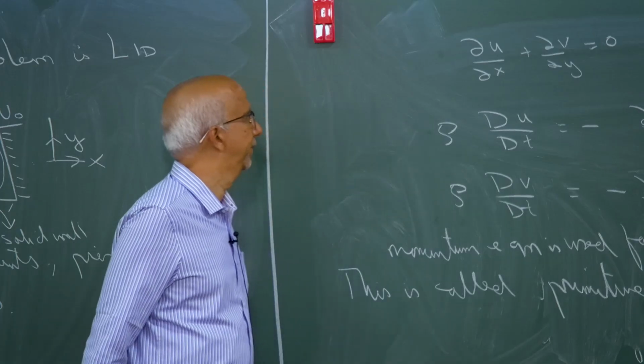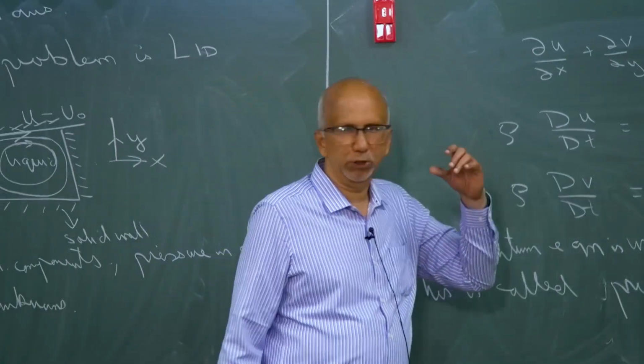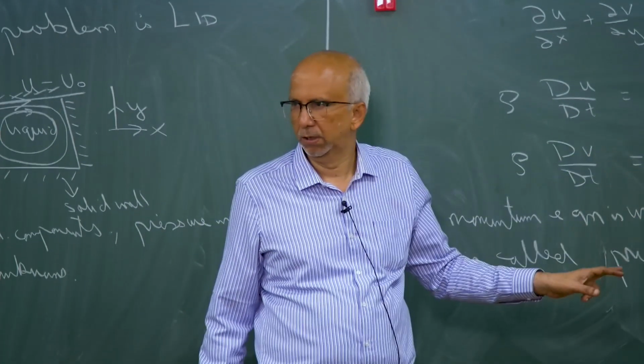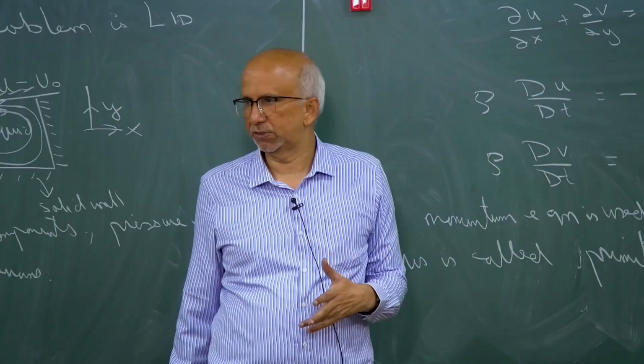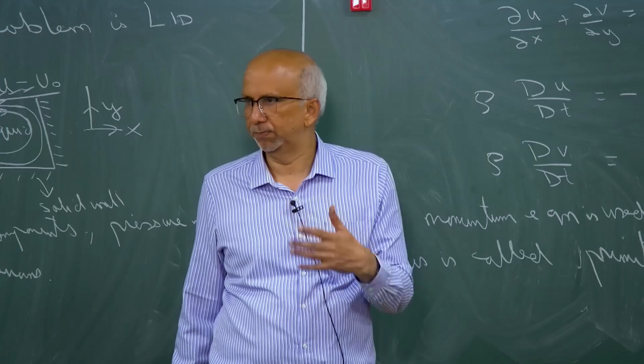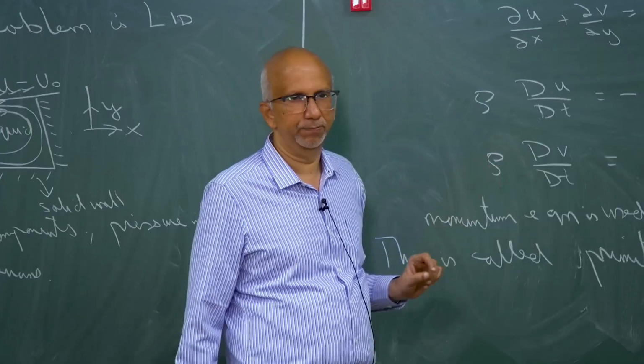And the way you would actually do it is you would assume some kind of a pressure field, you will solve these equations for the velocity, that is the algorithm, because it has to be done numerically, there are nonlinear terms sitting here, okay.